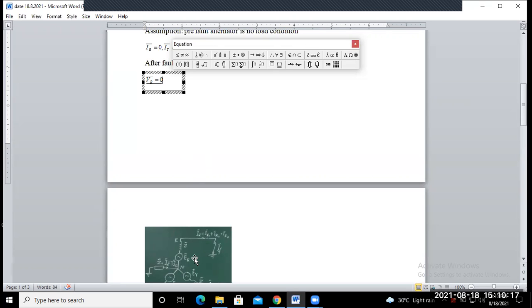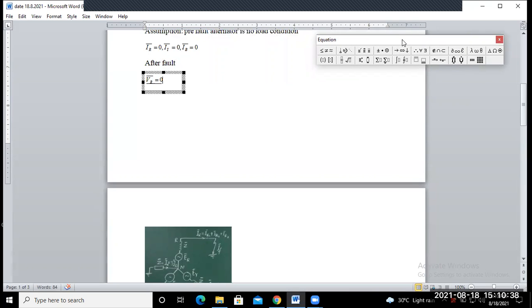Same as before, no current flows through phases Y and B because they are open. So IY and IB are also 0.